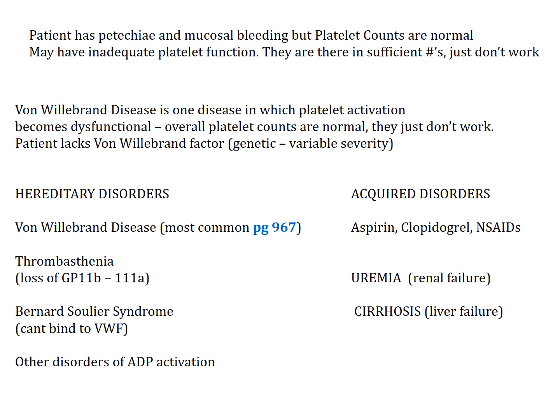You see somebody with petechiae and mucosal bleeding, you want to get a platelet count, but you better be asking about what drugs they're on, because some drugs are going to be directly inhibitory to the platelet, but remember, a lot of drugs cause bone marrow dysfunction.